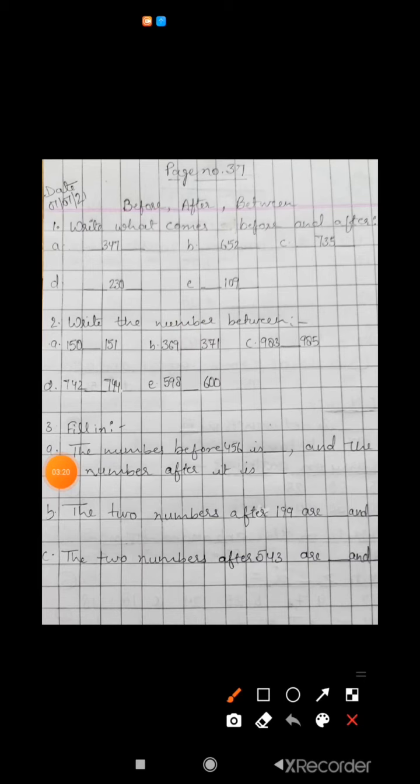Now next, in C part two numbers are given. In between you have to write, 983 and 985. Here you will write 984.